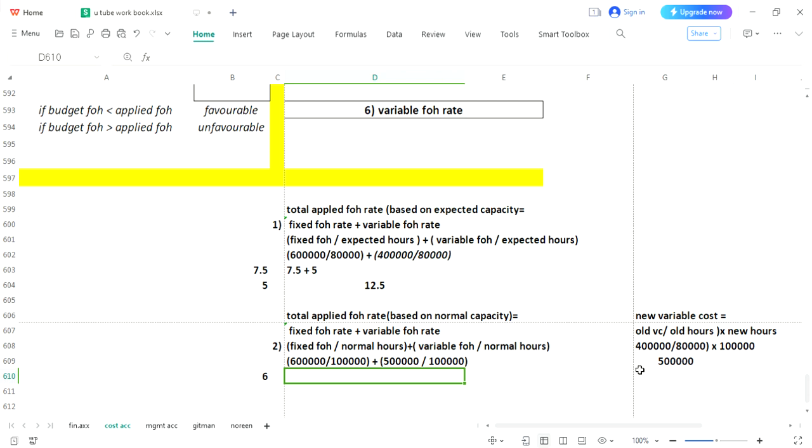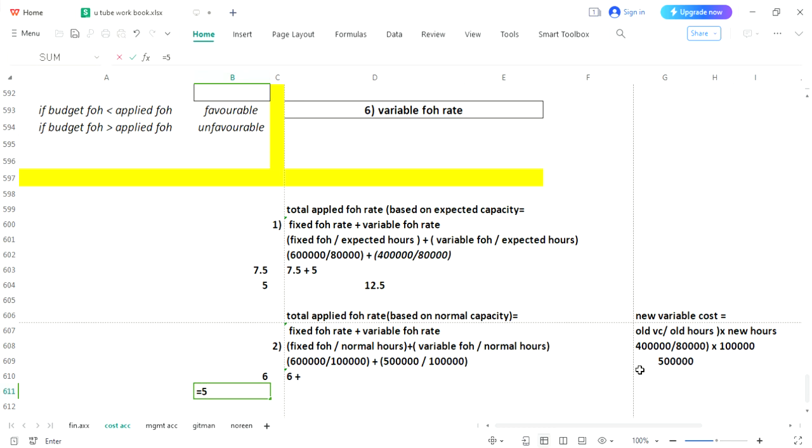You can write it over here, and then you need to add the variable FH rate, which is 5 lakh divided by 1 lakh.